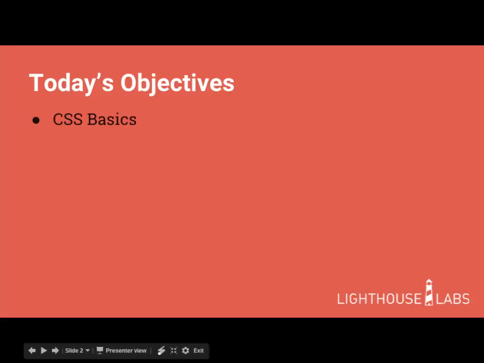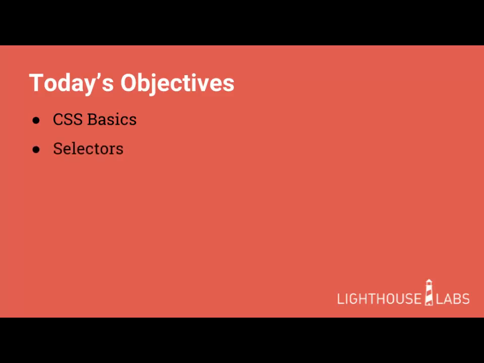So yeah, we're going to cover some CSS basics. A lot of this is terminology, just as with the elements, the tags, and the attributes. We'll talk about how to find a very specific item on your page, and you can use these selectors to select certain elements on your page.